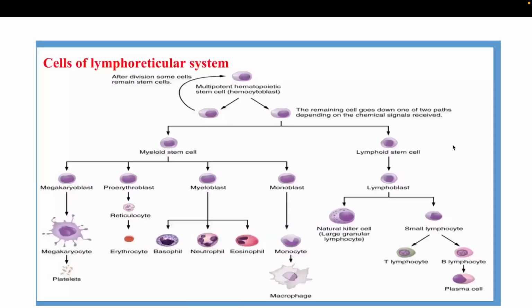Like other types of cells of the immune system, these are also formed from the hematopoietic cell. This is the multipotent hematopoietic stem cell.